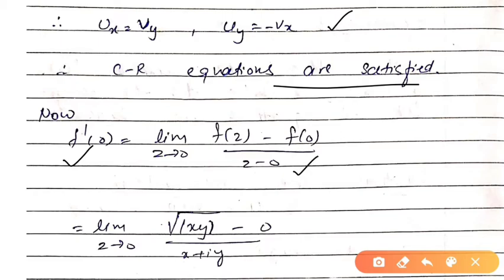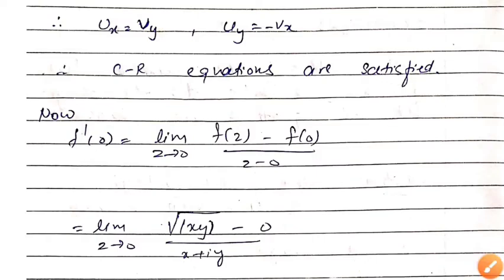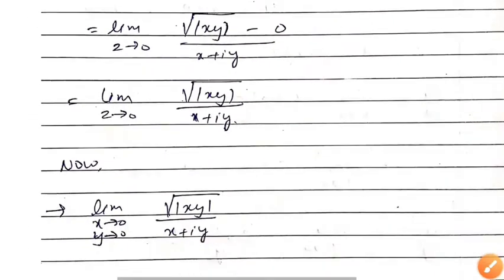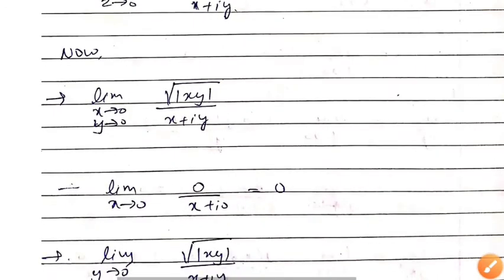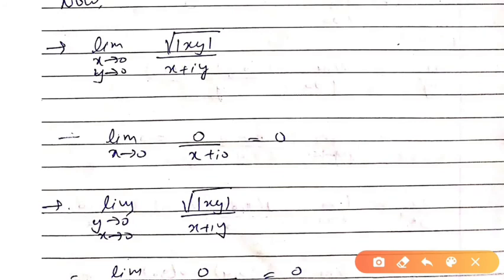So our f of z is under root of mod xy, f of 0 will be 0, z is x plus iy, and limit z tends to 0, that means we have to take 4 steps, okay, like we have done in the previous example. First we will take limit x tends to 0 and y tends to 0. If I put y equal to 0 here, numerator will become 0. In the same way, in the denominator only x will be left. But if numerator is 0, your answer will be 0.